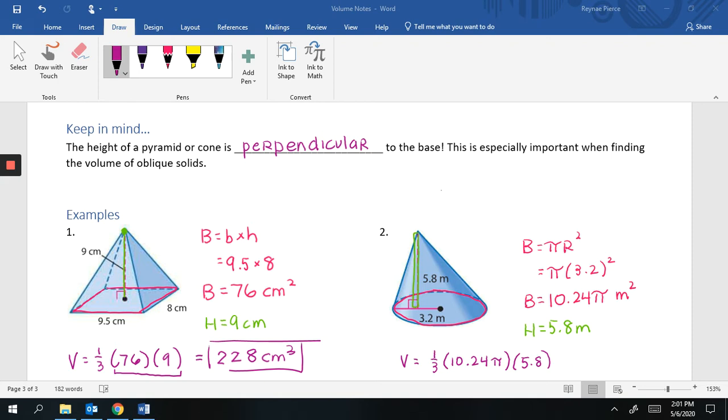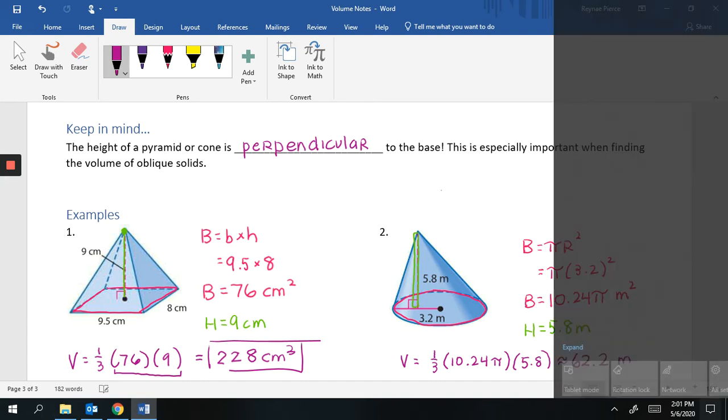I'm going to go ahead and write this as the approximate answer since we have so many decimals in here. So 10.24 pi times 5.8 divided by 3 gets you approximately 62.2 cubic meters of volume.